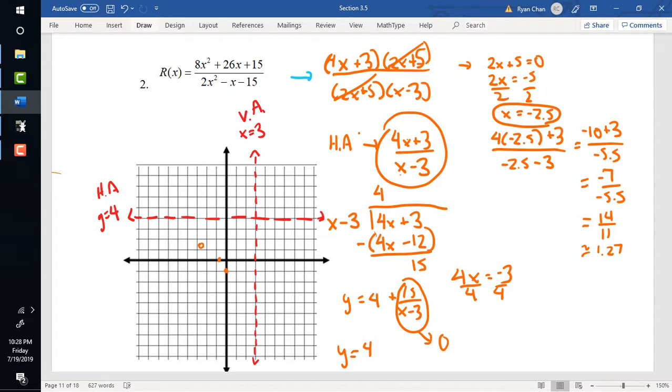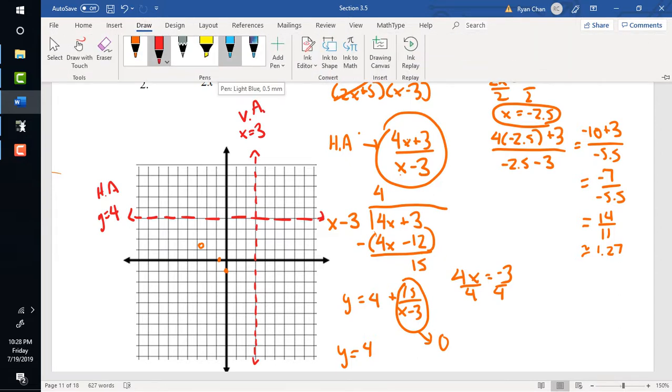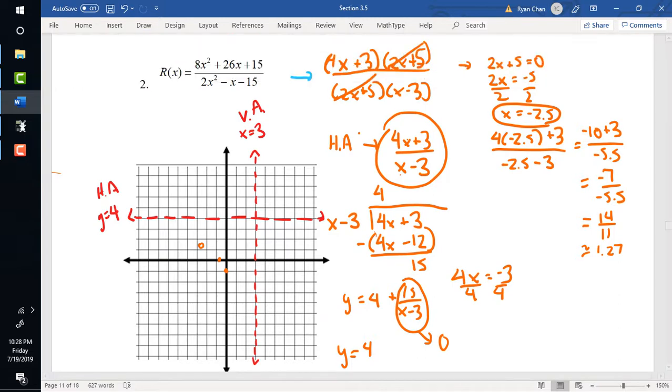Now look at where your graph is kind of going through. It goes through these 3 points, and it can't cross these 2. So it should look something like this. Now, because I have a hole right here, it's going to skip. Okay? And then it'll continue on, and then I'll have something like this on the opposite side. So this is what my graph should look like.